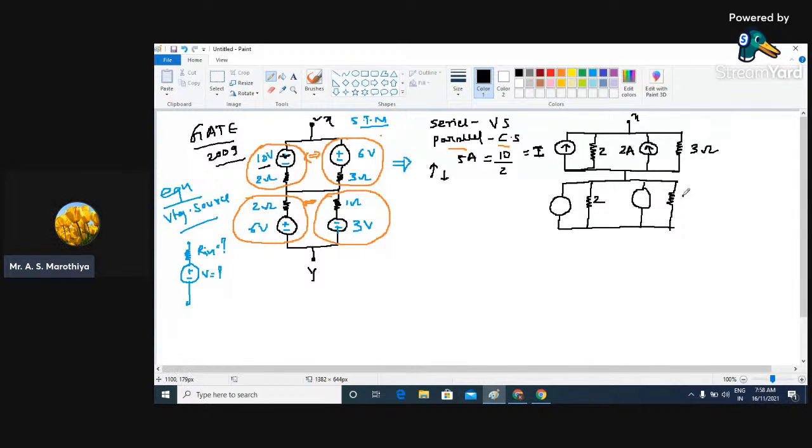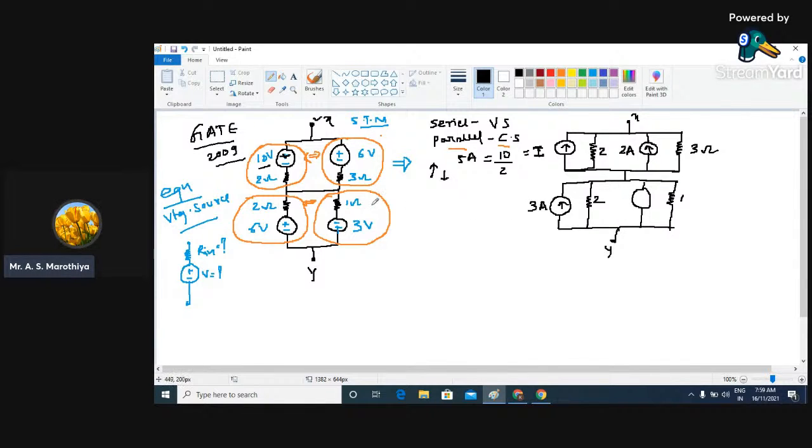And what is the value? It is going to be 1. Now what will be the value of this current? This current is going to be 6 by 2, it is nothing but 3 ampere. Very good. And it has to be in upward direction, because see, plus is upward. That's why the arrow has to be upward. Minus downward. That's why this terminal Y has to be over here.